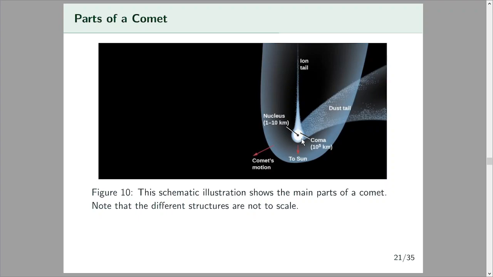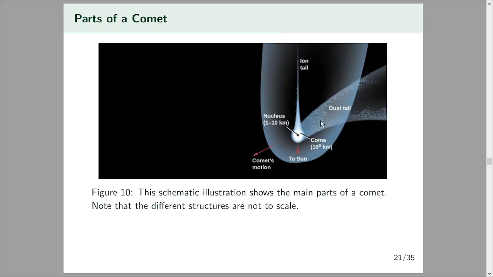And so it turns out the solar wind, which pushes away, interacts strongly with these gas atoms and ions that are in the coma. And so they give you a very straight tail, the solar wind does, we call the ion tail, pointing straight away from the sun. No matter which way the comet's going, the ion tail points away from the sun.